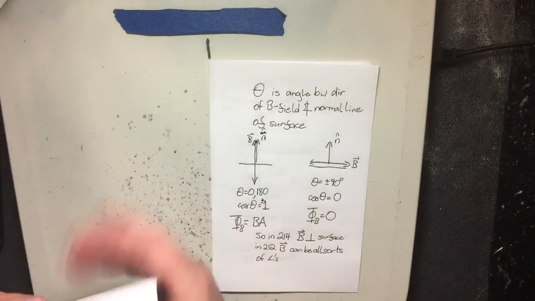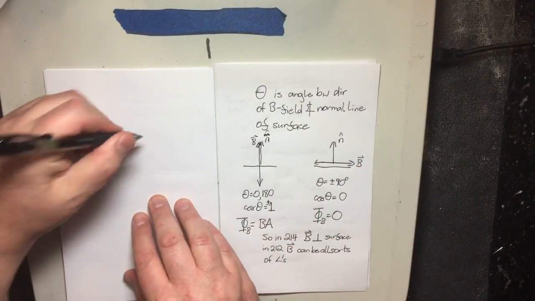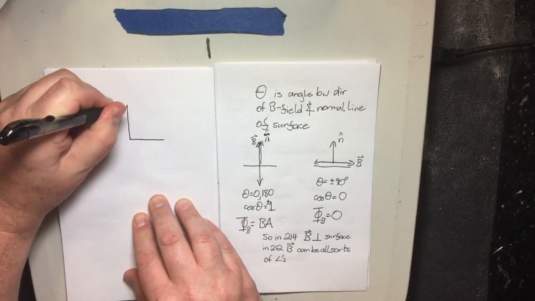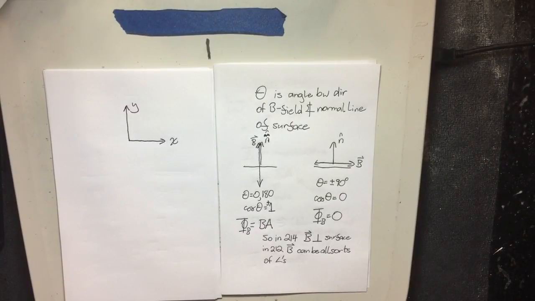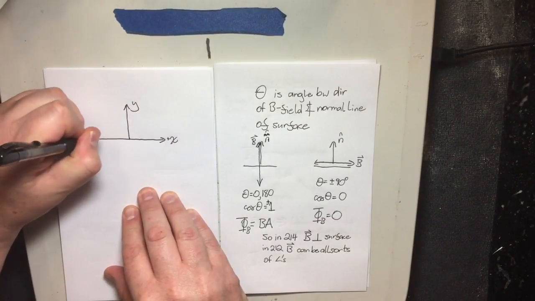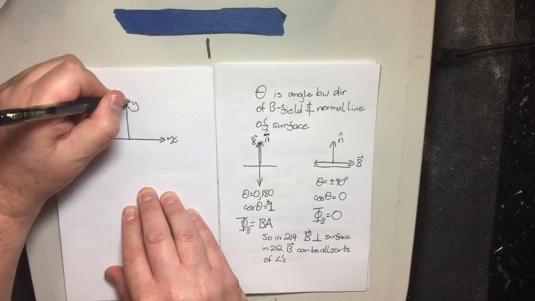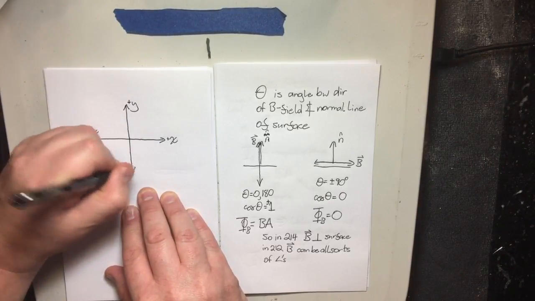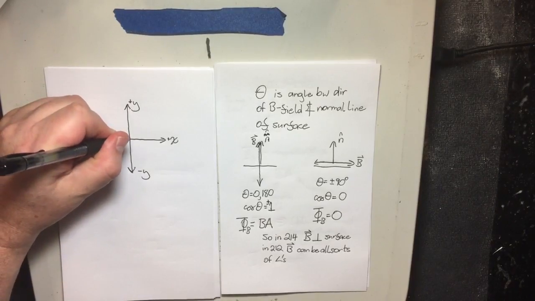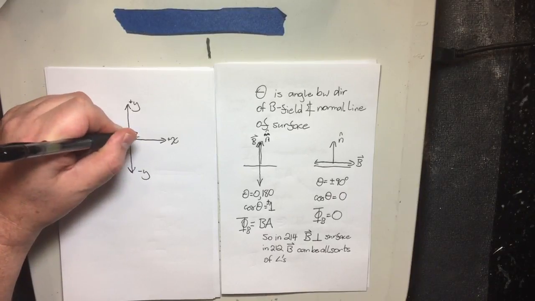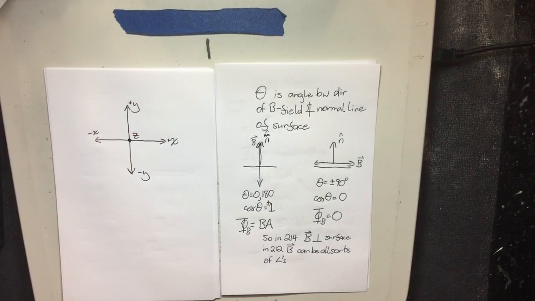A little bit of backstory: we're all familiar with the X and Y axes, and we all understand that right is positive and left is negative, and that up is positive Y and down the page is negative Y. A few people have been asking why, for Z, the third dimension, out of the page is positive and into the page is negative.